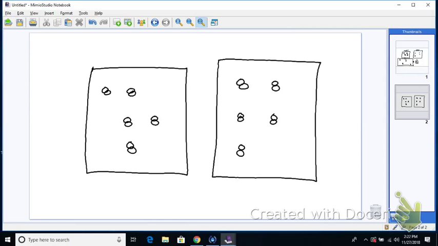Alright, we're going to add something to this side, and you guys tell me some information, what you think this would represent.